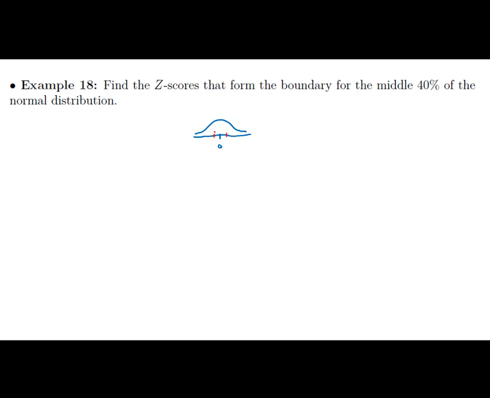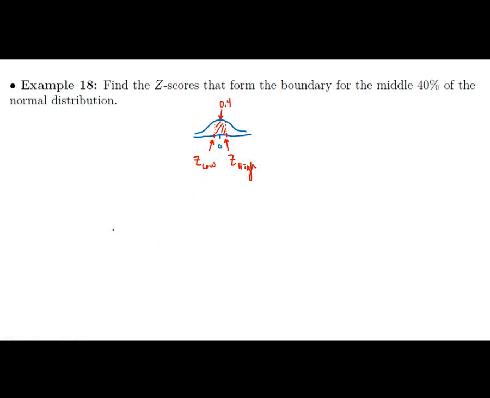Put little notches here. So I'm saying, what are these z-scores here so that this proportion is 40%, right? What is the low z-score and what is the high z-score that bounds that middle 40%, right?